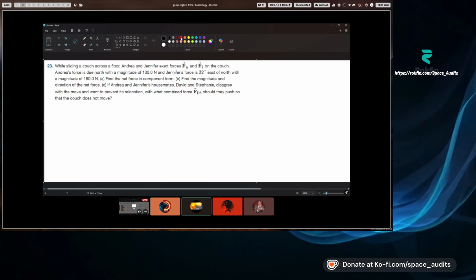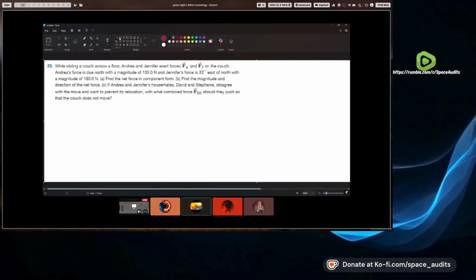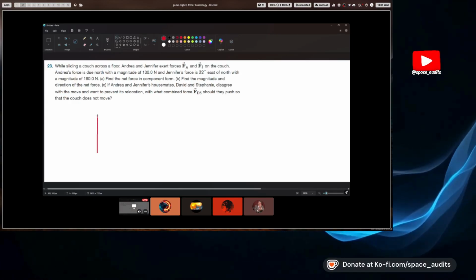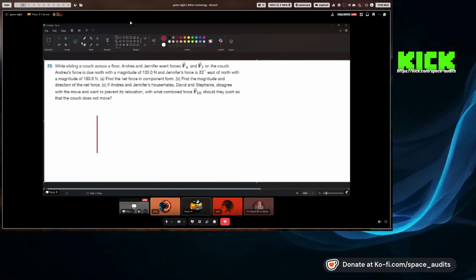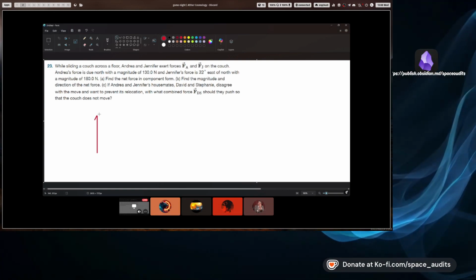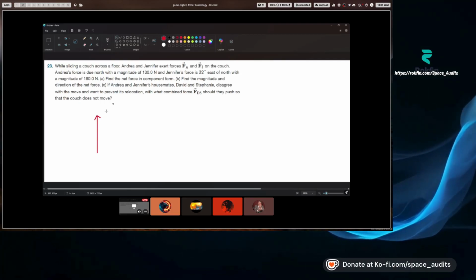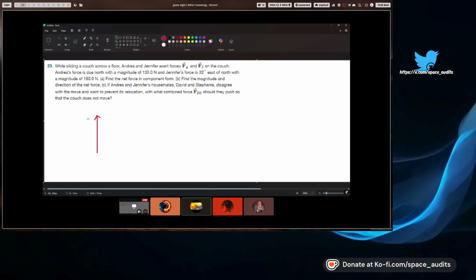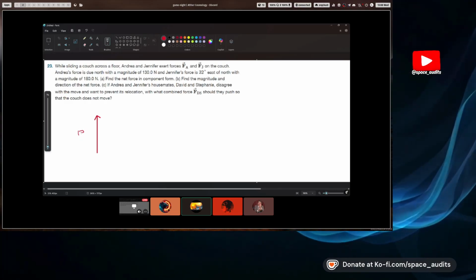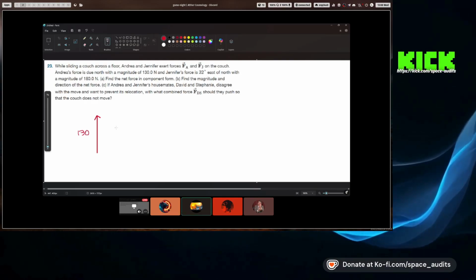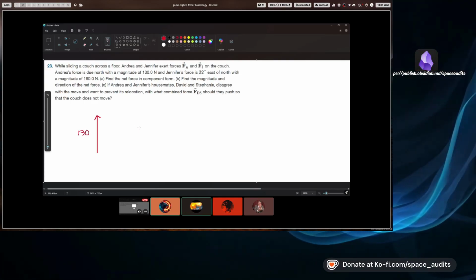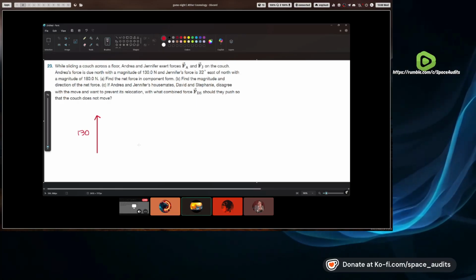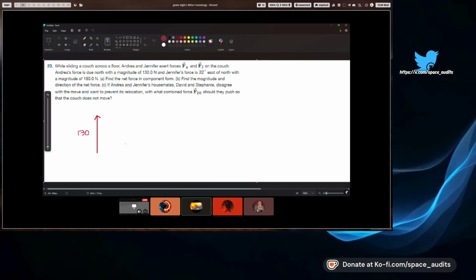That's a correct answer. We are going to use red. So we've got FA here, and it's 130 newtons. Then we have 32 degrees east of north, which east is to the right.